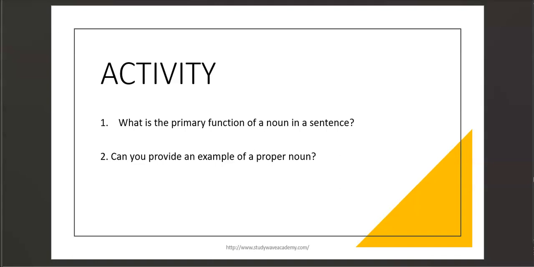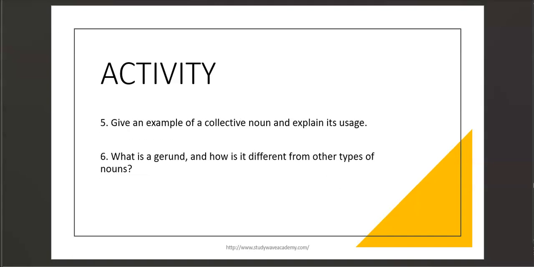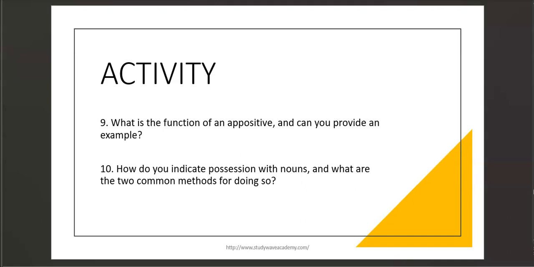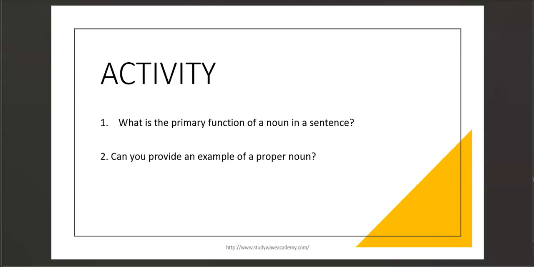I think from our class today, if you were asked what a noun is or to give examples of nouns, you're in a place to mention and identify them very fast, because I believe our lesson today has been intense and you understand what we are really talking about. So for the activity, I want us to answer these 10 simple questions, and let's look at them. What is the primary function of a noun in a sentence?